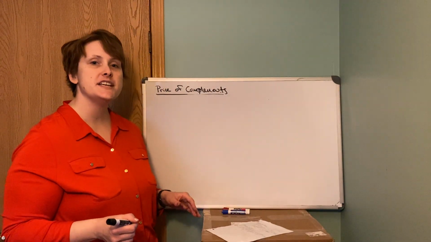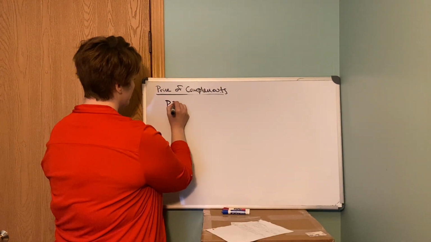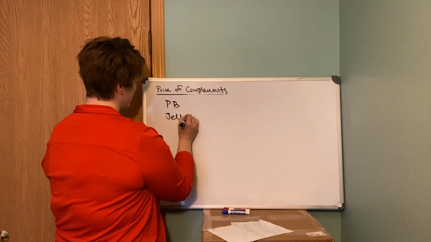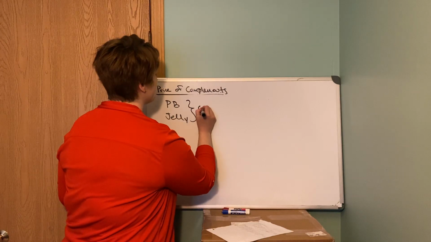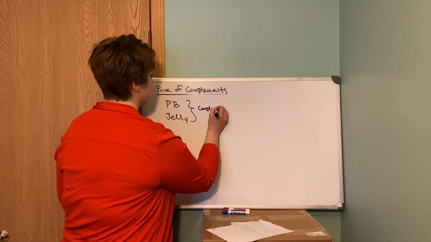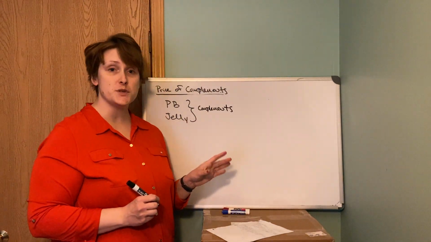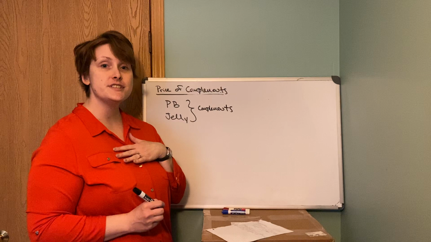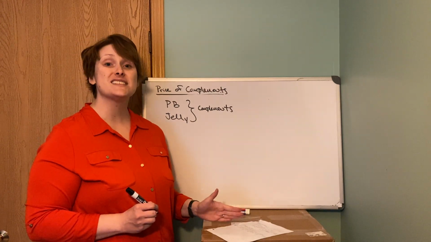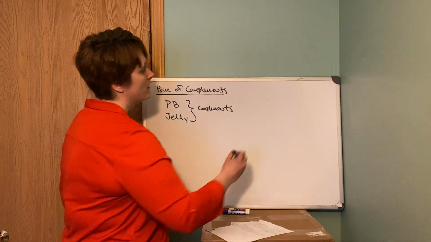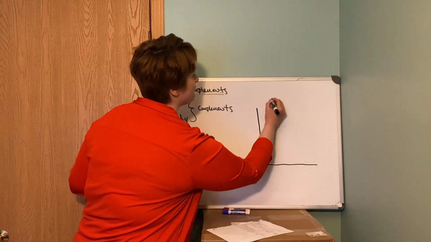So we're going to use the example of peanut butter and jelly. And we're going to assume that these two goods are complements. And just like we did with our price of substitutes with apples and oranges, we're interested in what happens in the market for one good when its complement changes price. So let's take this example and let's examine the market for peanut butter.